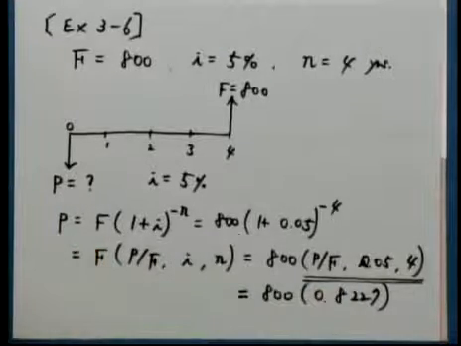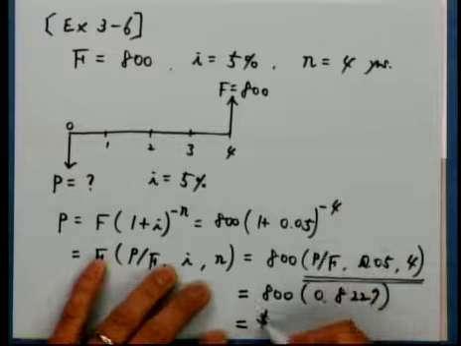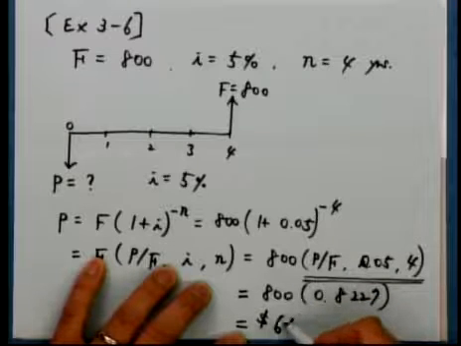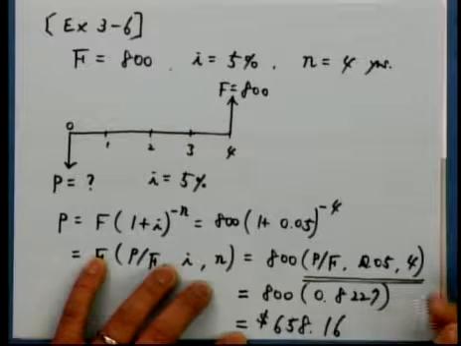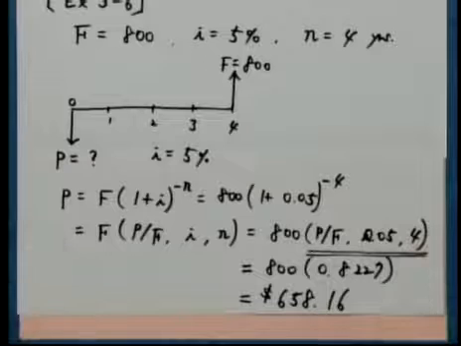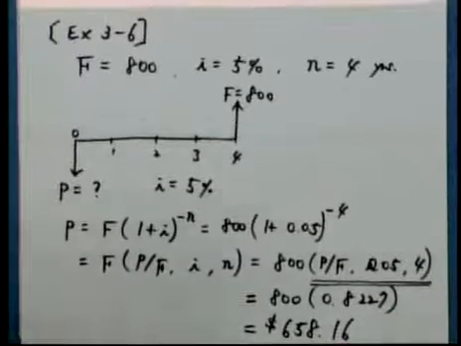So using maybe your calculator or Excel that I'm going to use, this value is $658.16. Okay, so this is the answer for example 3-6.